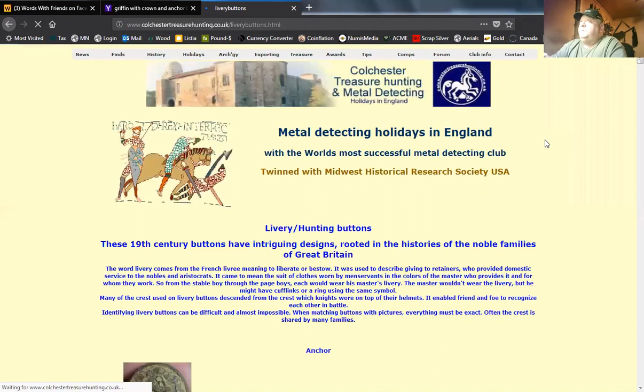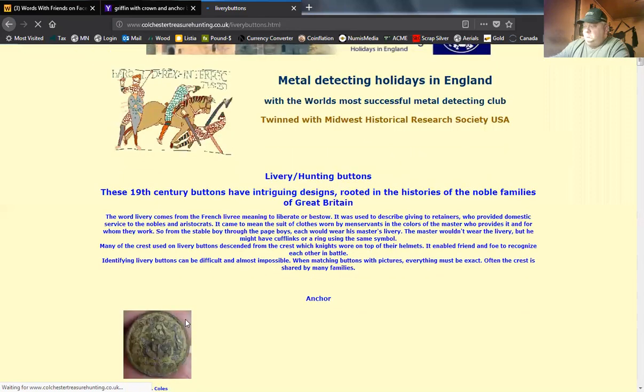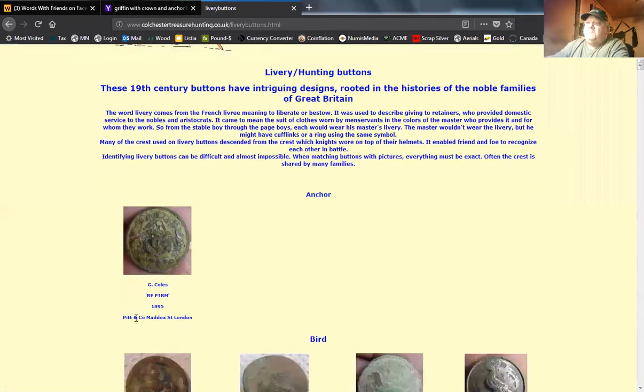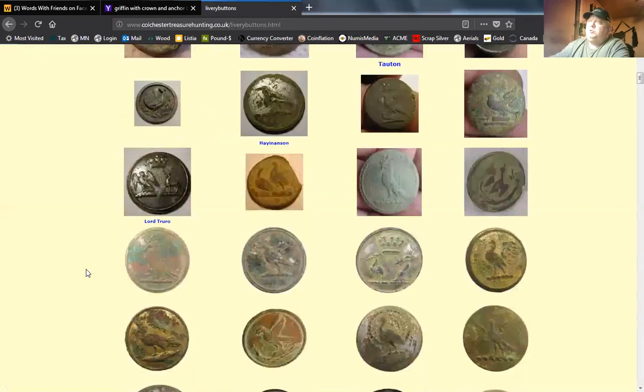But if that's the picture that you found, then that's the image, like right there. 1895 was made from Pitt and Company, Maddox Street, London, in 1895. And it helps you identify where these buttons come from.